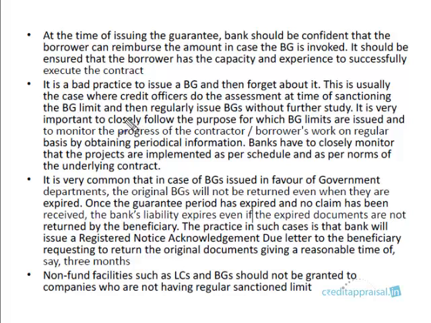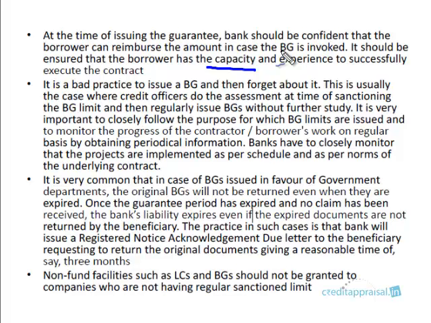A couple of points you need to remember: first, you have to be confident of the capacity of the contractor to execute the particular contract. It's not that anybody comes for issue of a BG and you give the BG. What is the purpose of a BG? The beneficiary, that municipal corporation, is asking for the bank's guarantee, so that in case your party doesn't fulfill the contract, you have to pay us.